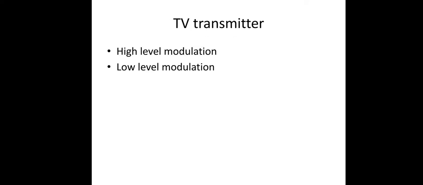Now the next point is the TV transmitter. This is the television transmitter for monochrome television, sending out signals in all directions.